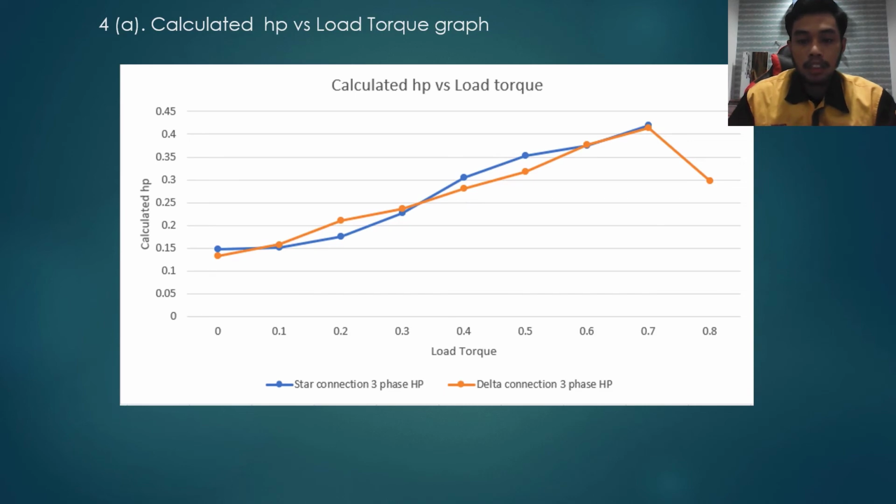Likewise, the delta connection 3-phase horsepower also increased linearly, and at 0.7 it decreases to a certain value, which is 0.3 here. When load torque equals 0.8, the calculated horsepower will be 0.3.